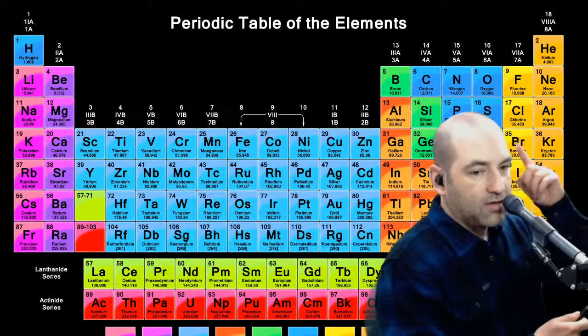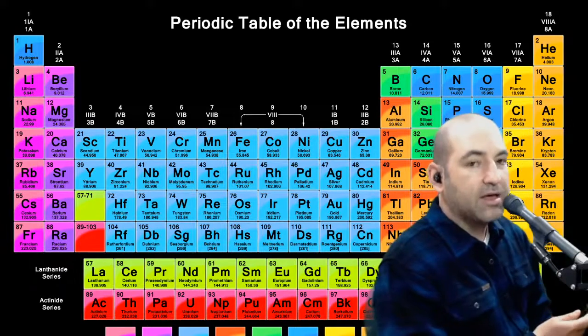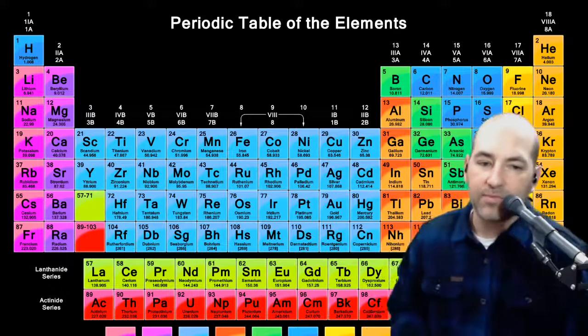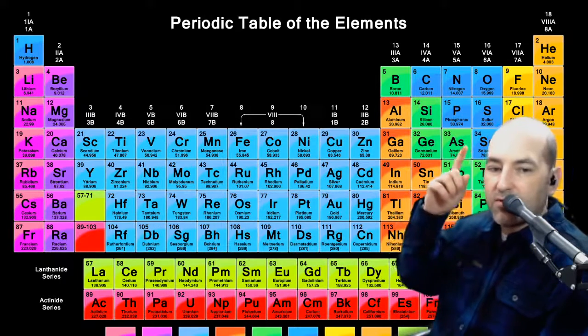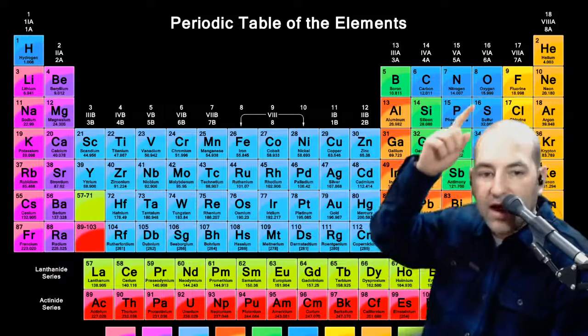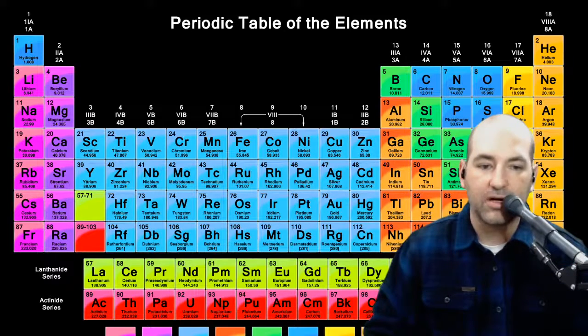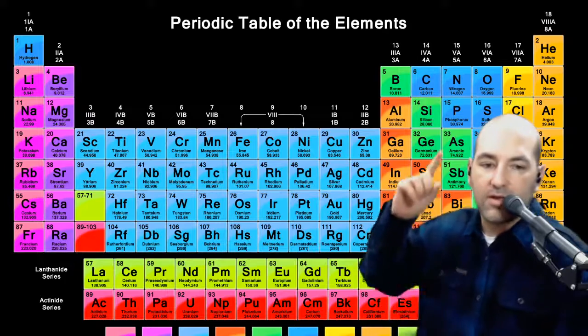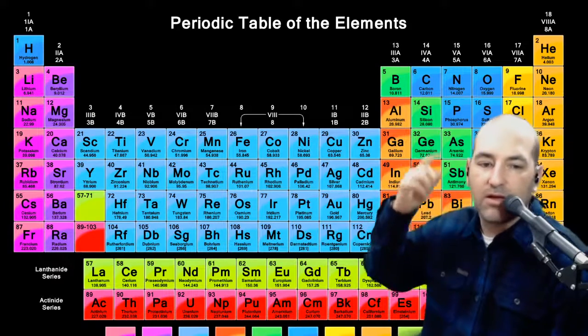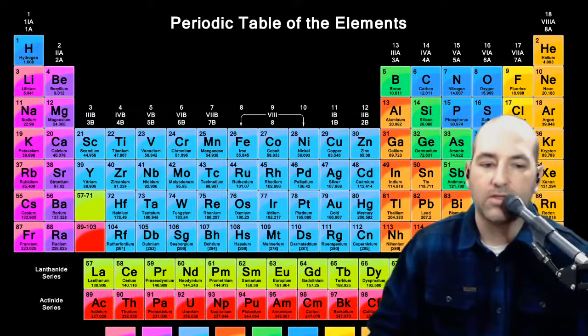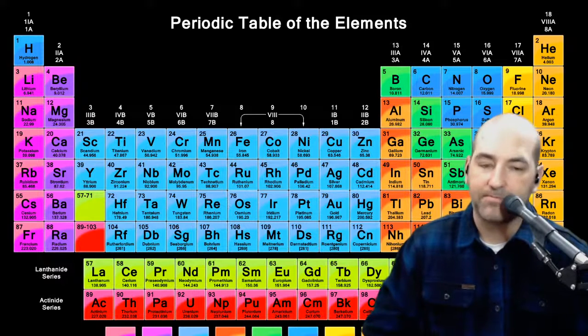So you'll see chlorine there, which was our example from before, makes a -1 chloride ion. And then the next one over, we've got -2 ions. So when oxygen makes an ion, it makes an oxide ion, which is -2 charge. And when nitrogen, phosphorus, and sometimes some of these lower ones make ions, they will be -3.